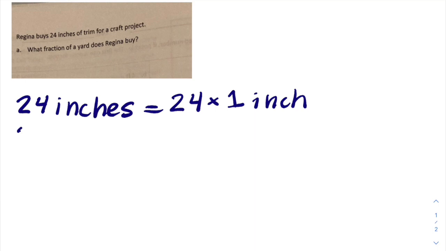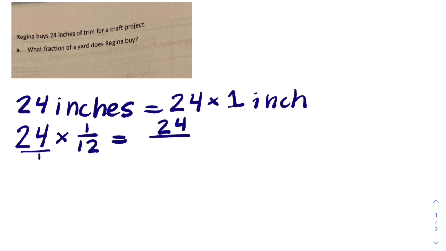So 24 times 1/12 equals, put this over 1, you have 24 times 1 and 1 times 12. 2 feet. But the problem says, what fraction of a yard does Regina buy?